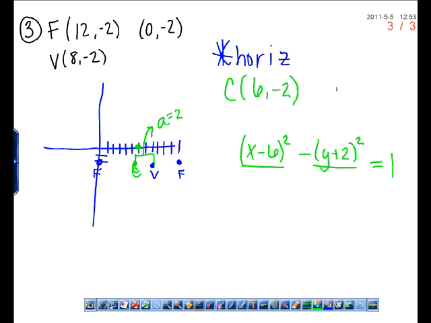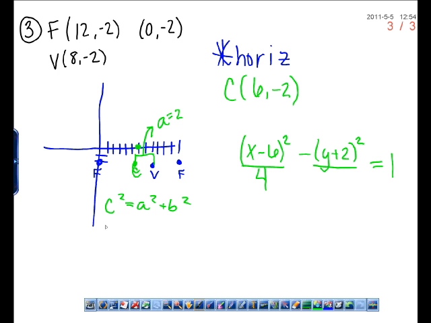Where does A squared go? Under the x's. Good. That's 4. What's the equation we use to relate A, B, and C? C squared equals A squared plus B squared. Okay. So what is C?